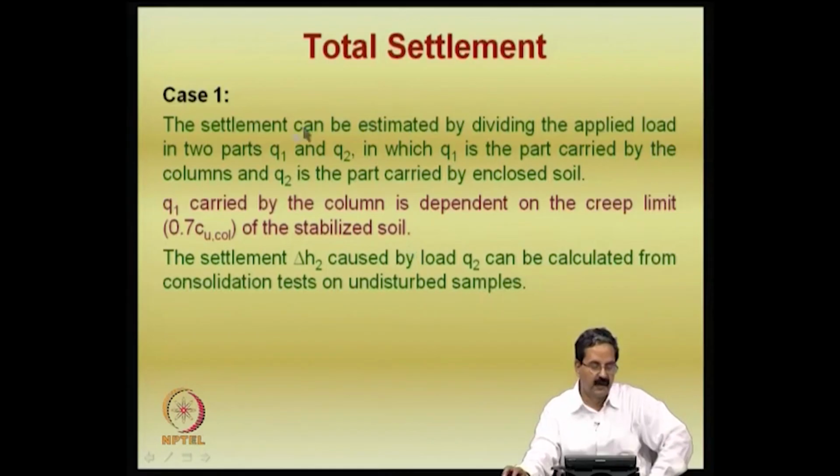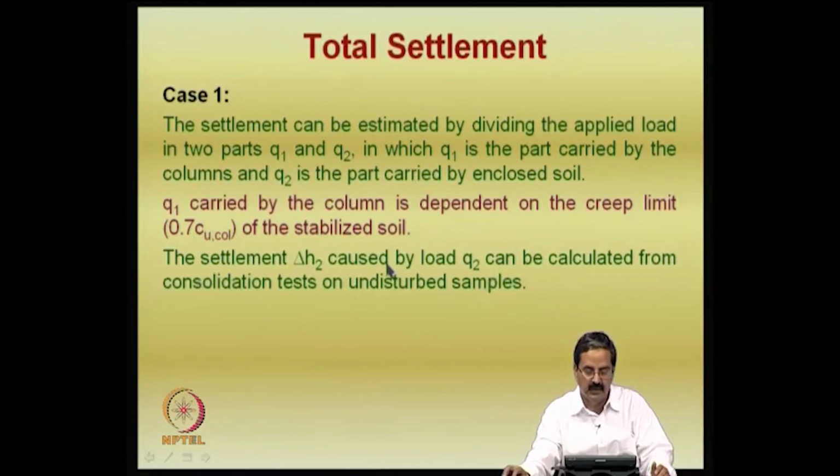If you know the bearing capacity, the Cu of the stone column, the treated lime column, say for example you get 20 kPa for the soil, you may get 100 kPa for the treated material. 100 into 0.7, 70 kPa would be the load. Okay, that is a limit.